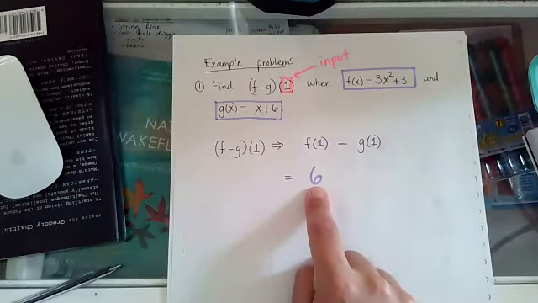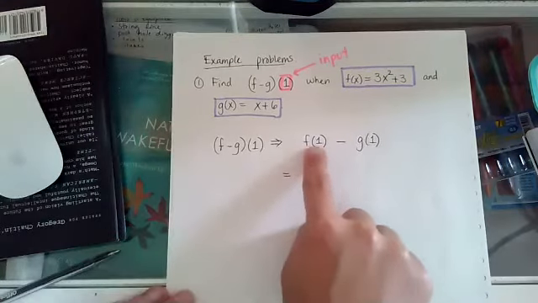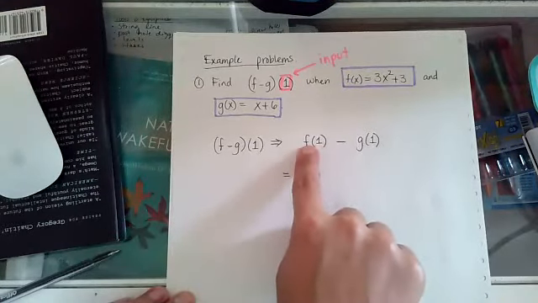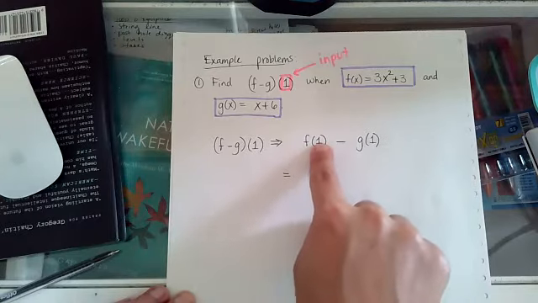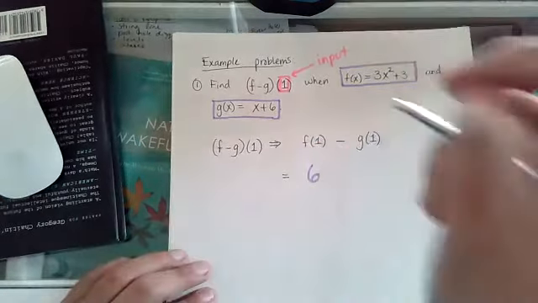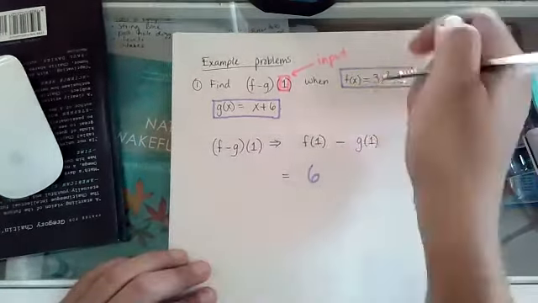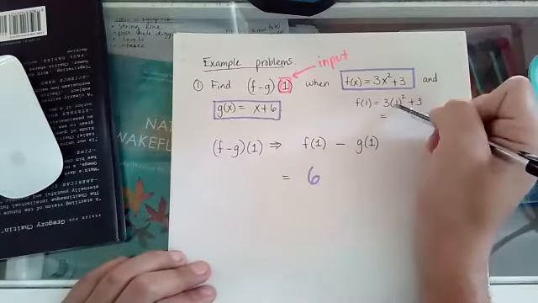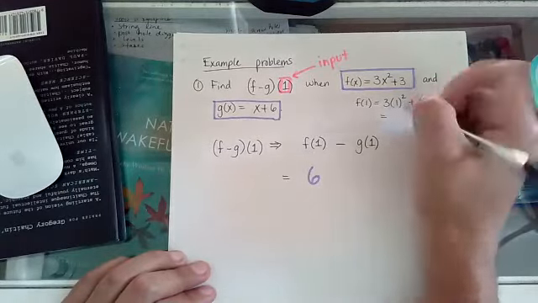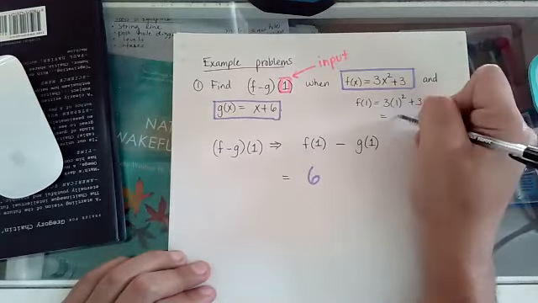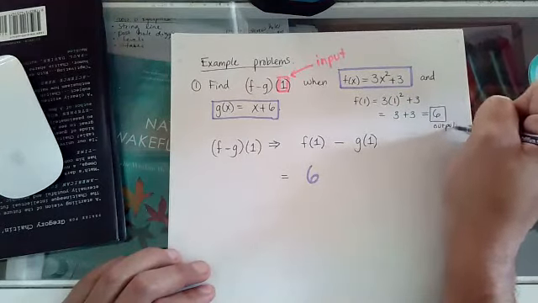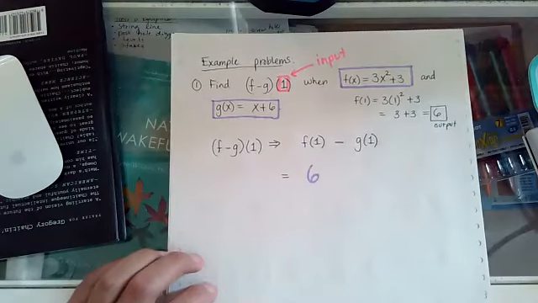Okay, so what this is telling you to do is evaluate the function f when you're given the input, or the x value, of 1. So I would say, let me take 1 and say f of 1 is equal to 3 times 1 squared plus 3. If I use my order of operations, 1 squared is 1, times 3 is 3, plus the other 3 is 6. So that's my output. So f evaluated at 1 is 6.